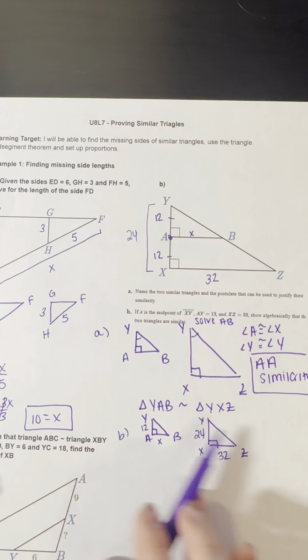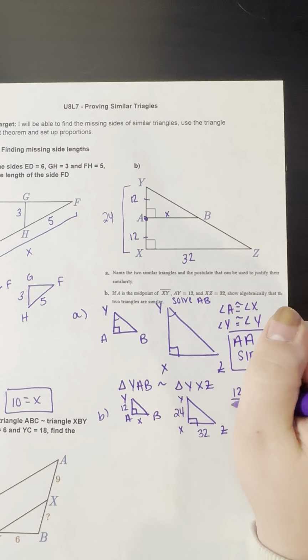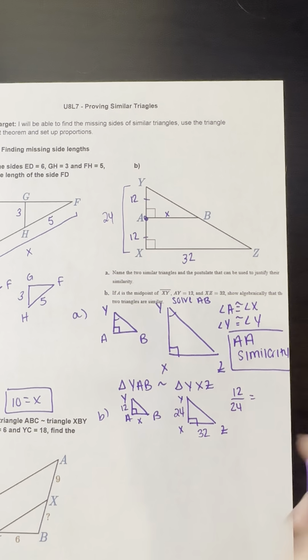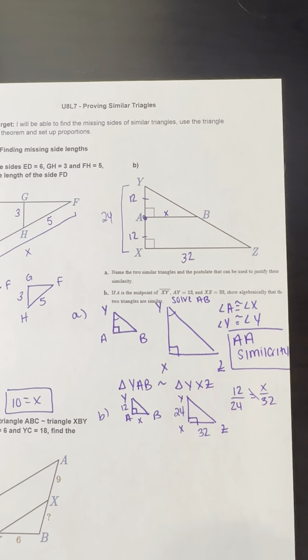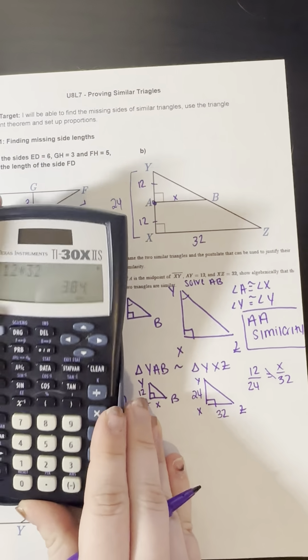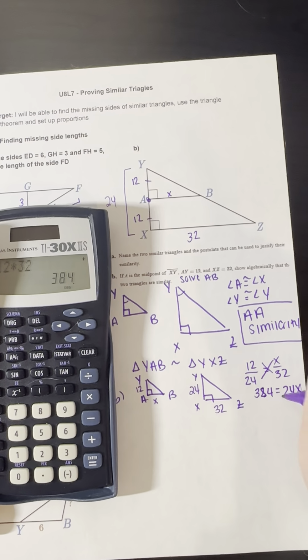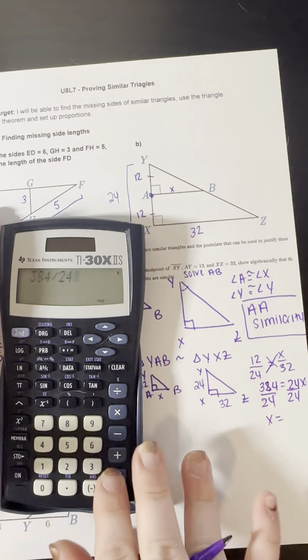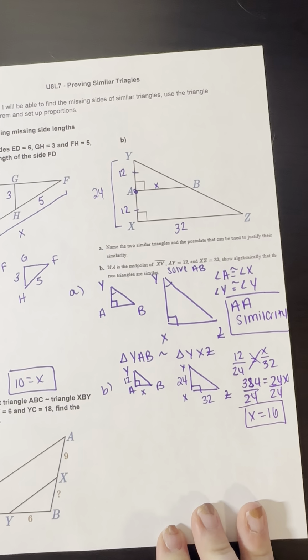So I set up my proportion again: 12 over 24 equals x over 32. Cross multiply, we get 12 times 32, which is a pretty large number. 12 times 32 is going to be 384. So 384 equals 24x on the other side. Divide by 24, divide by 24. We get x equals 384 divided by 24, which is 16. So the AB side is going to be 16.